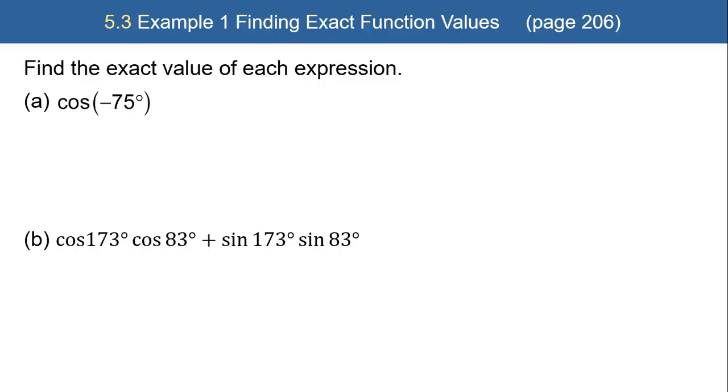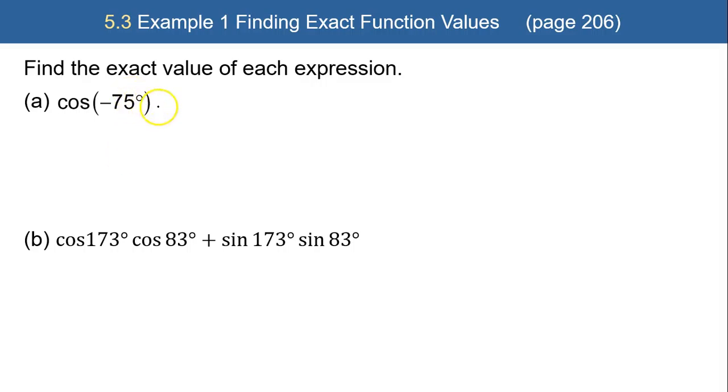Here we're going to be using those three angles again, but we're going to be adding or subtracting them together in order to use them in our sum or difference identities.